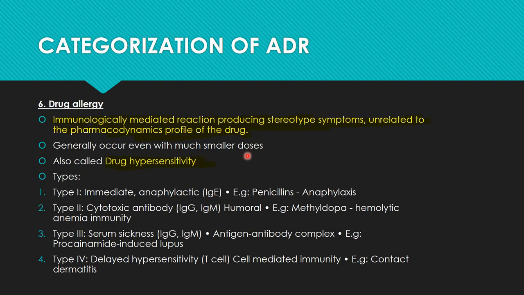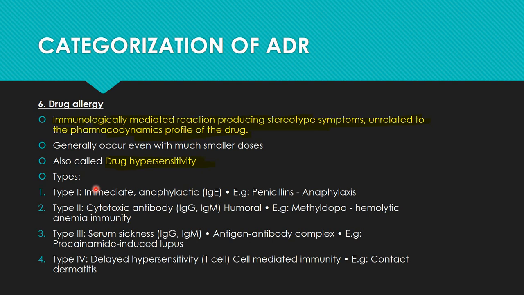Allergy is something that occurs even at smaller doses. It is not mandatory that it has to cross the therapeutic window. Even within the therapeutic window, if it is a hypersensitivity reaction, then it can cause an adverse drug reaction.